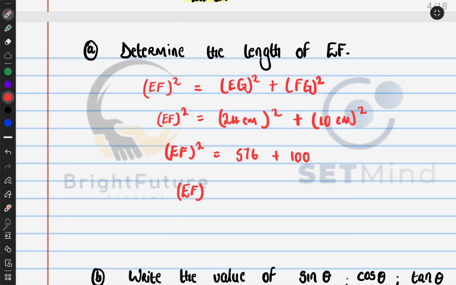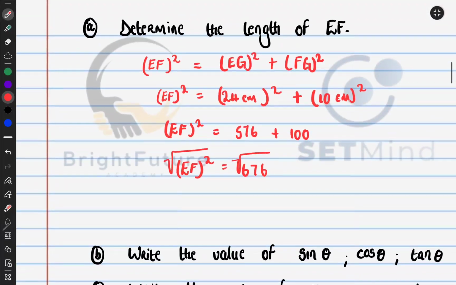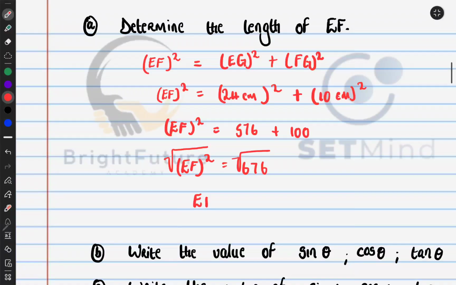Therefore EF squared is going to be 676. And then what do we do next? We introduce square roots on both sides. Therefore EF is going to be the square root of 676, which is 26 centimeters.